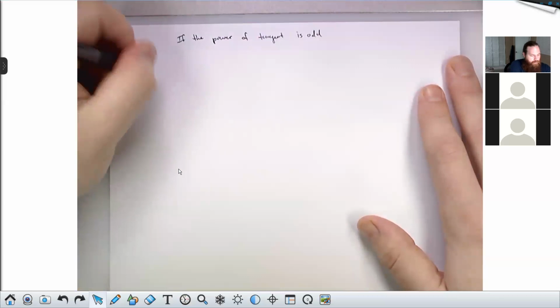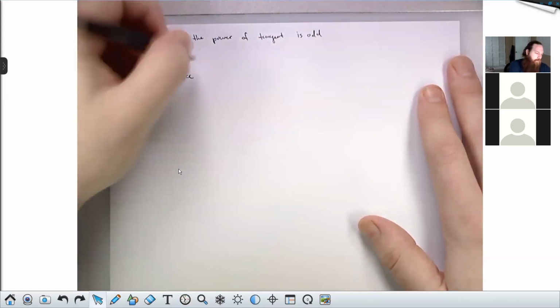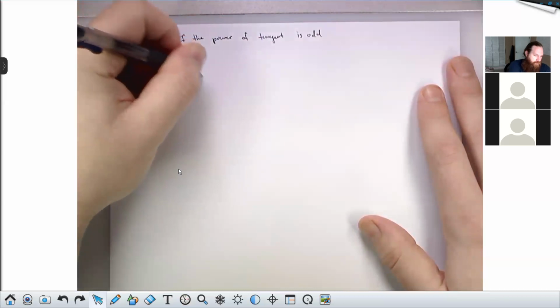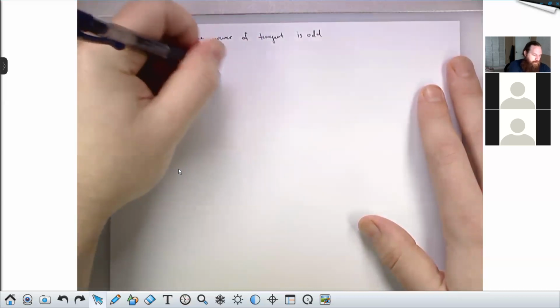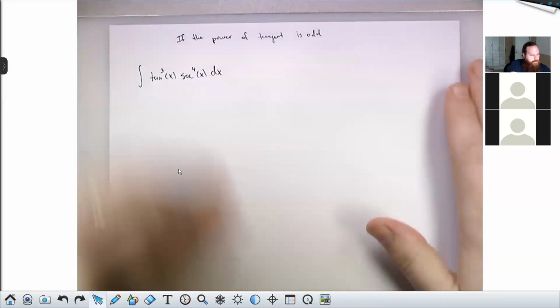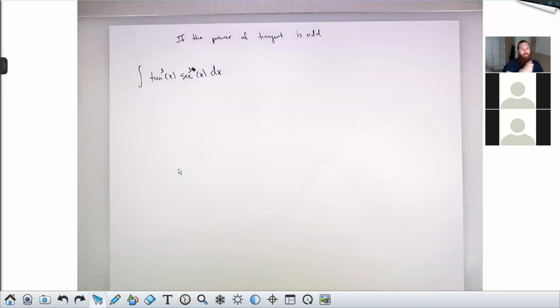So I could have something like tan cubed times secant to the 4. Oh wait, I wanted to do something that doesn't fall into the other category. Let's do tan cubed secant cubed. Sorry. So there the power of secant was even. We could have done that the other way.